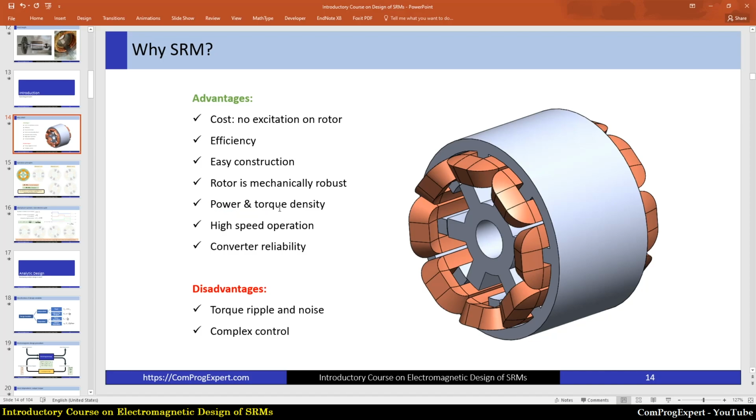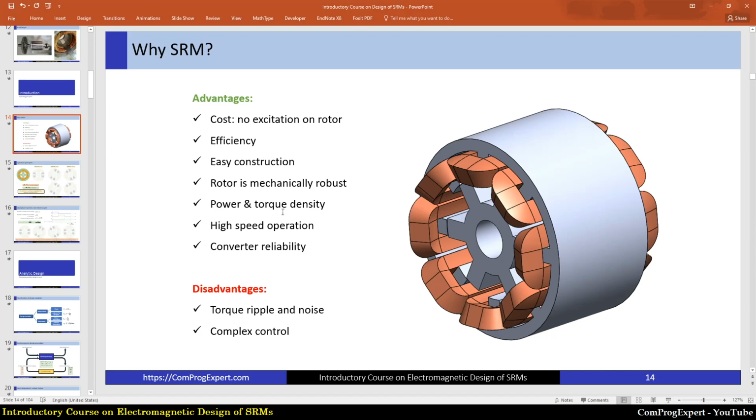So in this course, we will design the SR motor and we will compare with the benchmark induction motor. Because we have a good saliency ratio, by saliency ratio, I mean the ratio of aligned inductance per unaligned inductance.